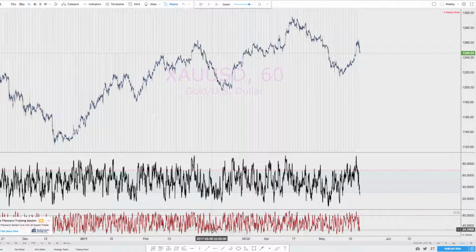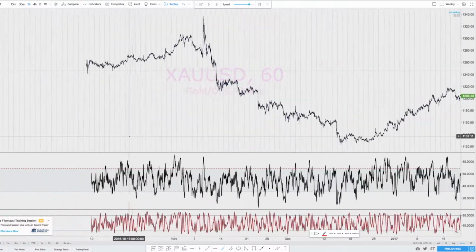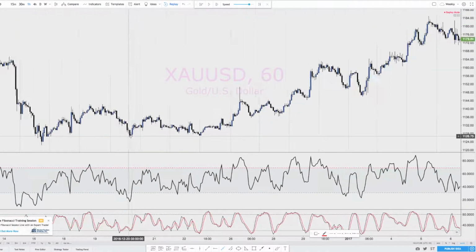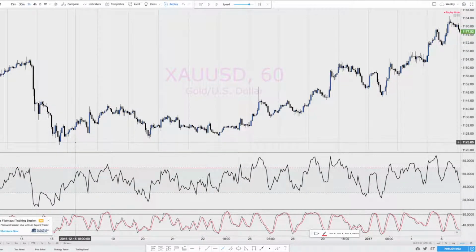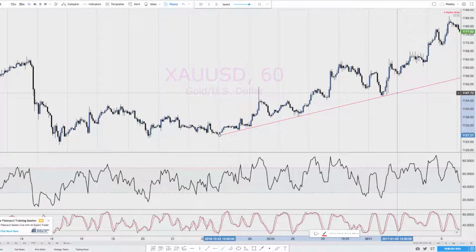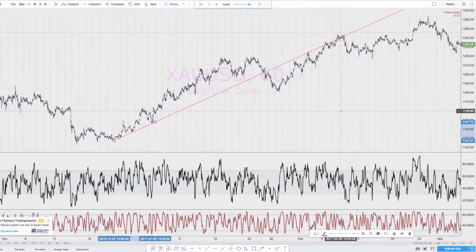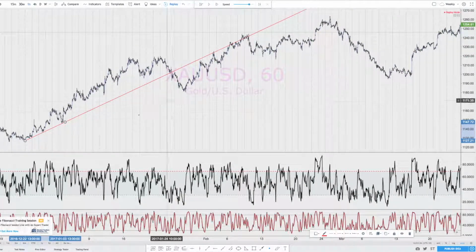So first off, I'm going to get a ray and come down here to our low, and I think this should be fine. And we'll ray up to there for now. Okay, so we're gonna have to adjust that.